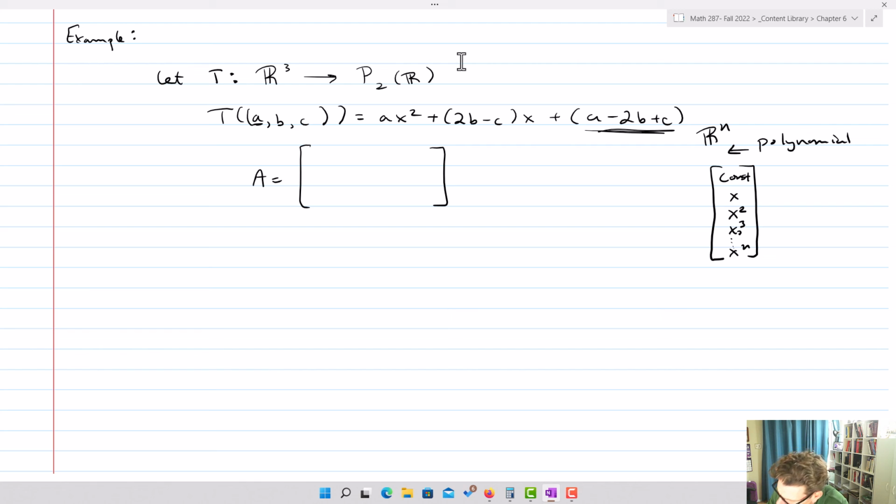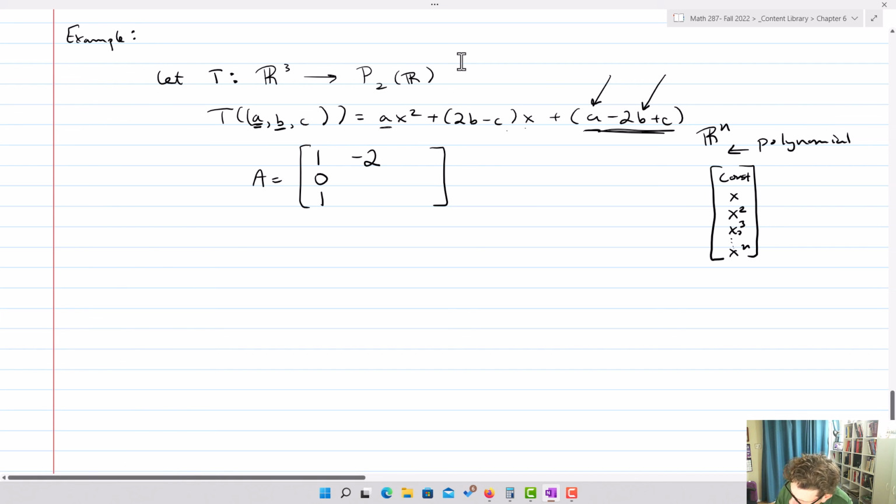And notice that A, my first term here, is a 1 in that constant term. So this is going to be a 1. And then I go to the x term, there's no A's, 0. And then finally, I have 1A. So it's 1, 0, 1. Next term is going to be the B terms. And I notice that I've got negative 2 B's, 2 B's, and no B's.